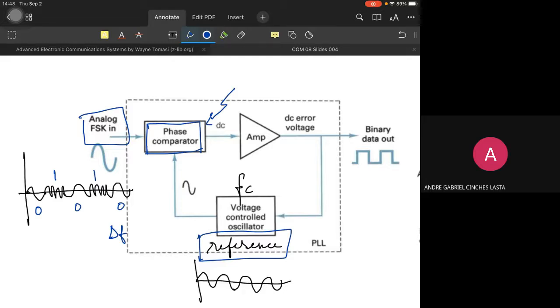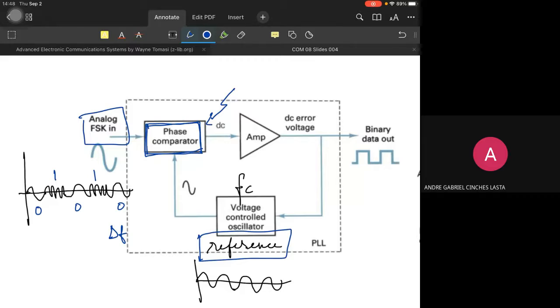Okay? So if ang output sa phase comparator is dependent lang ato and we have only two types of outputs, difference ba kaha sa reference carrier and space frequency or mark frequency.